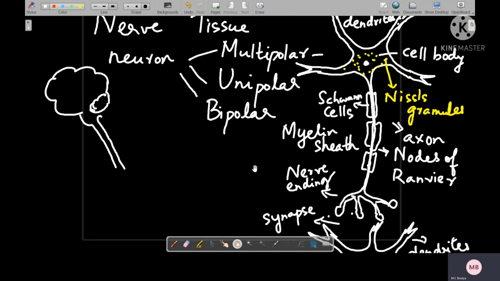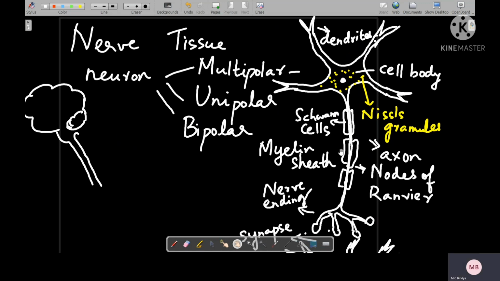Now there are neurons that do not have myelin sheath, so they will be non-myelinated. Nerve impulses do travel along them too, but the impulse transmission will be a little slow when compared to the myelinated type of neurons. So that's about the multipolar neurons.